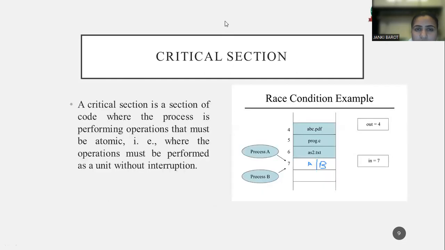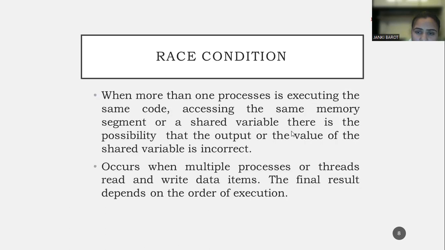So I hope all of you are clear about race condition. When two or more processes or threads try to occupy the same shared resource or variable, it is possible that the output or the value of the shared variable is incorrect, and the final result depends on the order of execution.